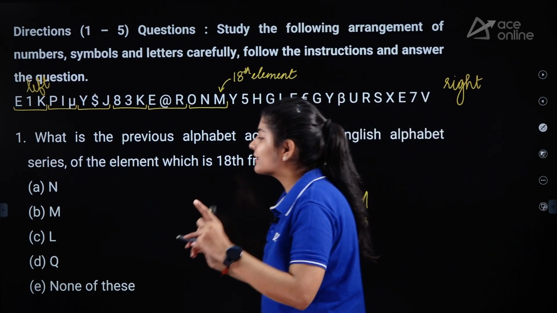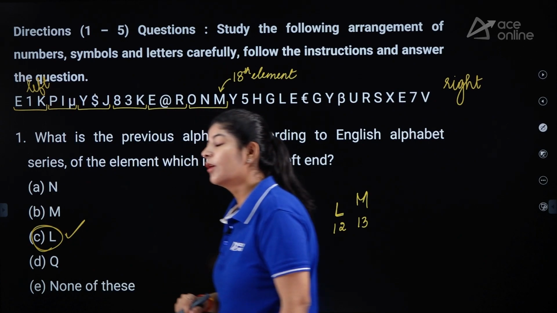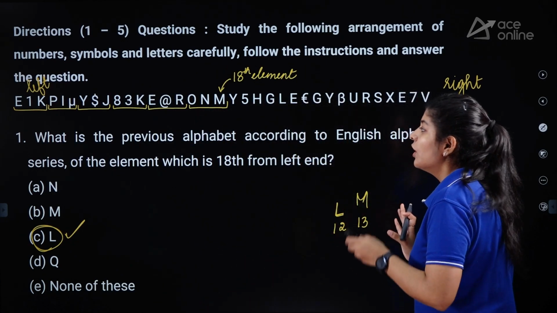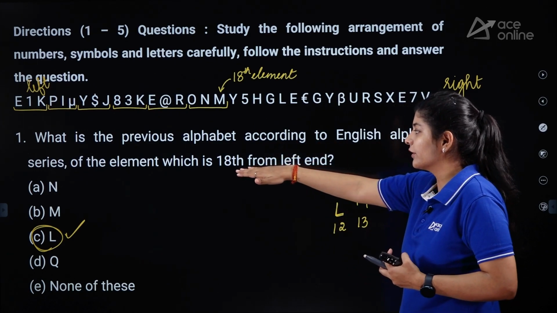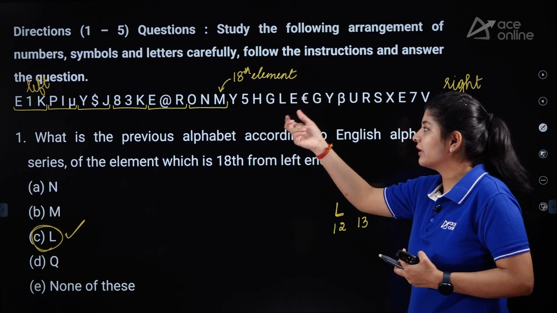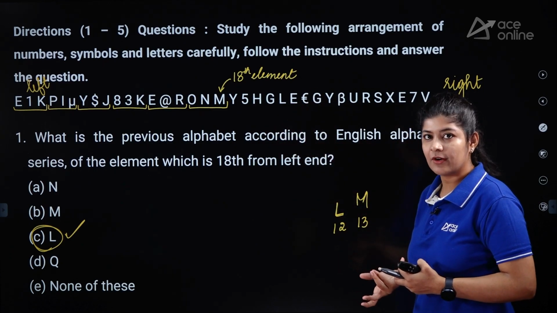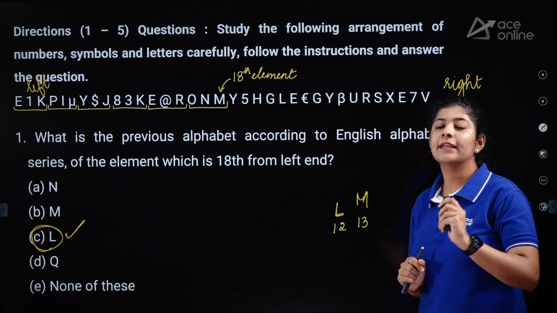So the correct answer over here is option number C, not option number B or option number A. Is it clear? So we only have to focus on the 18th element, and after that identify the previous alphabet according to the English alphabet. Is it clear? Okay. Next one.